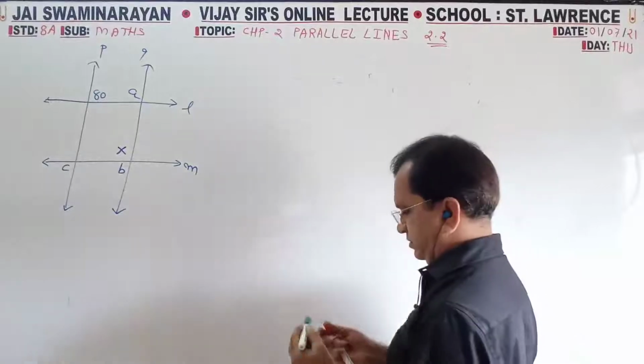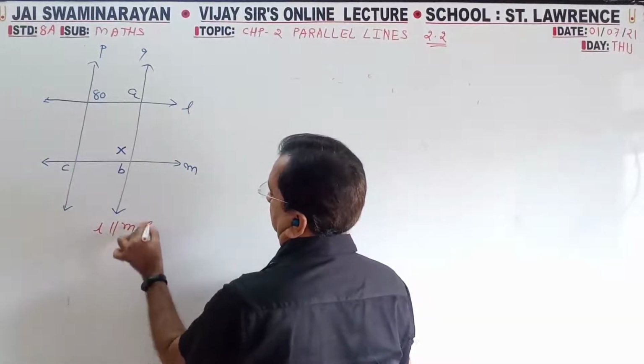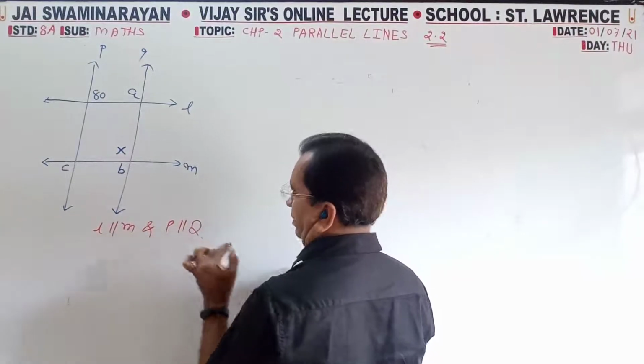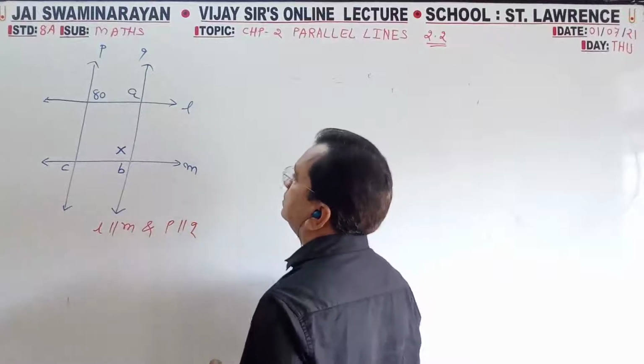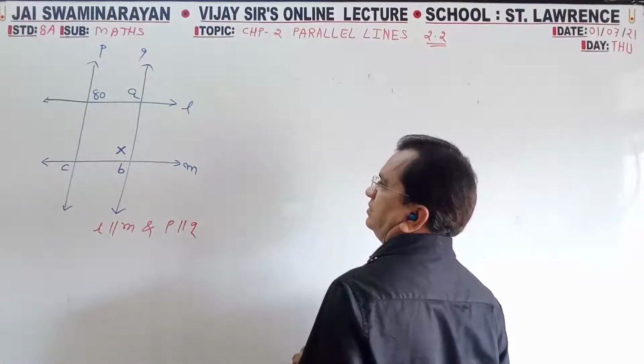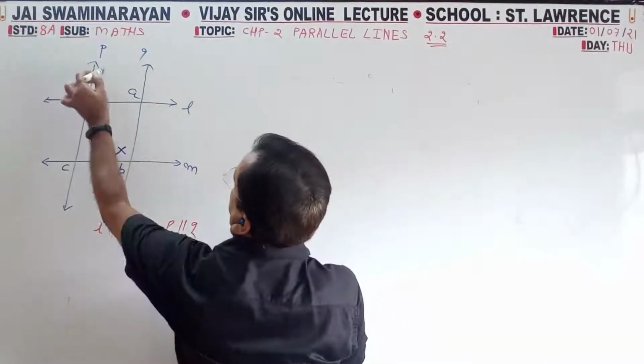Now L parallel to M and P parallel to Q are given, correct? Now first you can see this C shape.